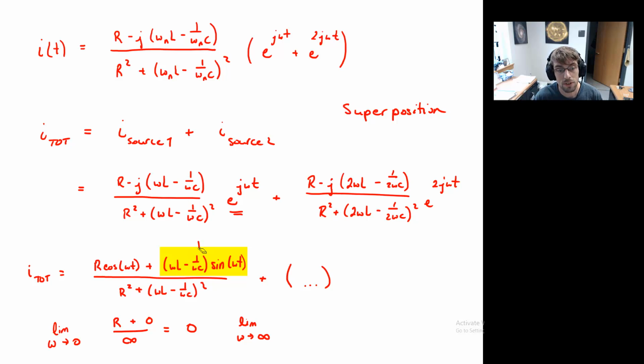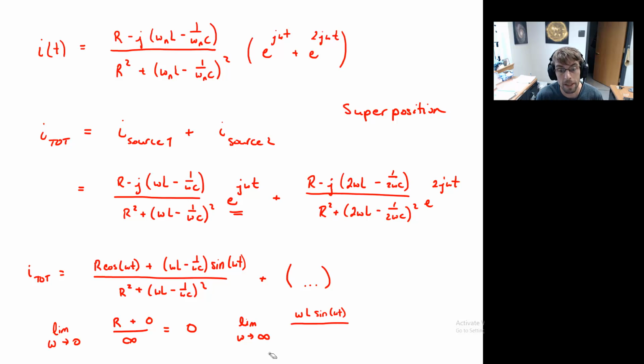This second term in the parentheses goes to 0, and the first term goes to infinity. So the numerator, what we have is something like infinity. You essentially end up with an omega L sine of omega t.